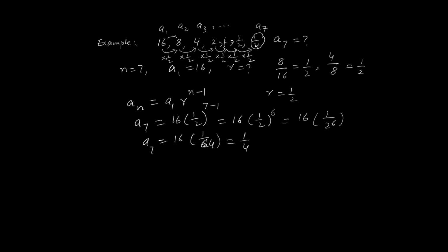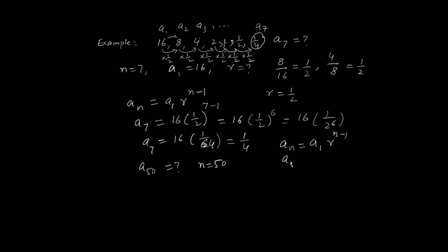But this is the nearer term. If I am finding some farther term, for example the 50th term, I will put n is equal to 50 in the general formula. an is the first term times r power n minus 1, so 50 minus 1.